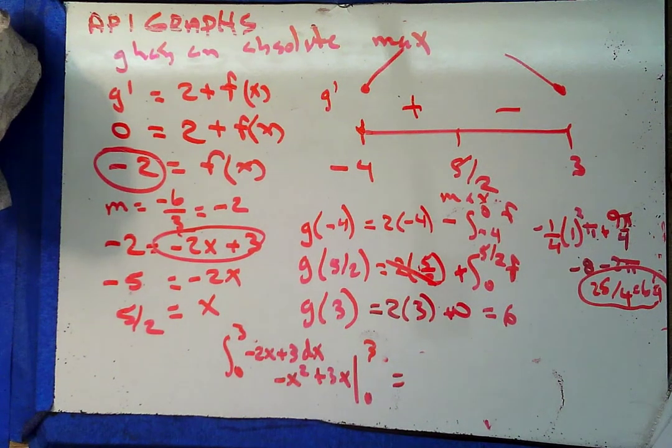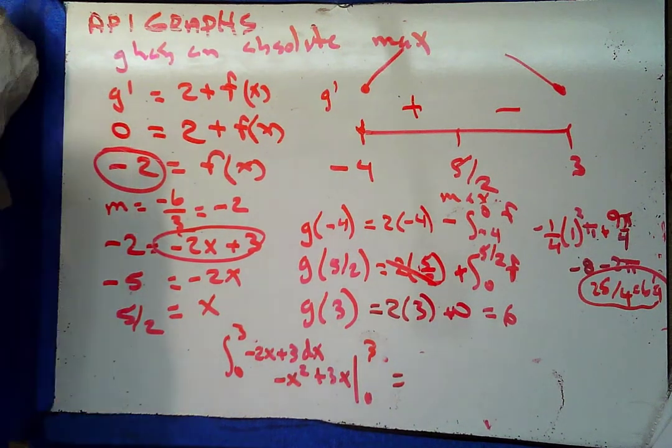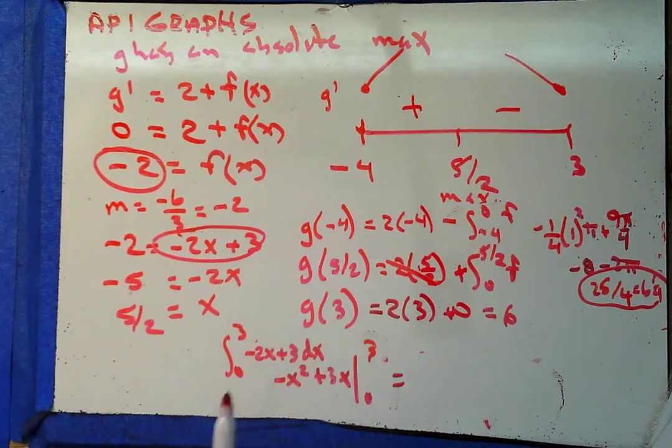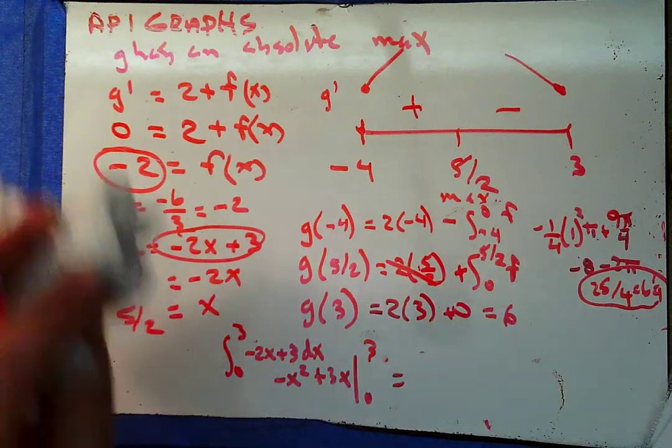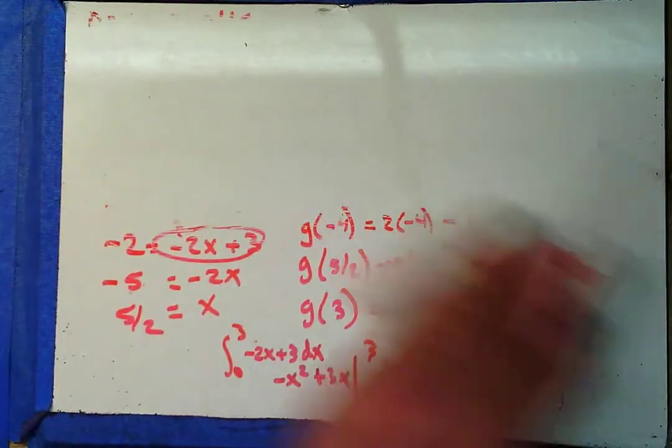Let's take a look then at part C. Part C for problem number 3. Part C says find all the values on the open interval where G has a point of inflection.